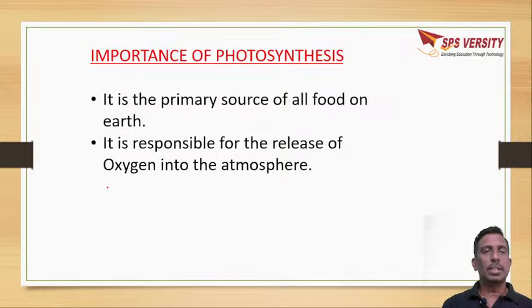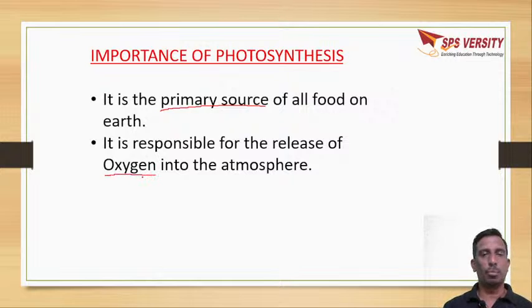When you come to the importance of photosynthesis, it is the primary source for all food on the earth. Whether you take carbohydrates, proteins, whatever it is, it is the primary source for all food substances on the earth. And it is responsible for the release of oxygen into the atmosphere.